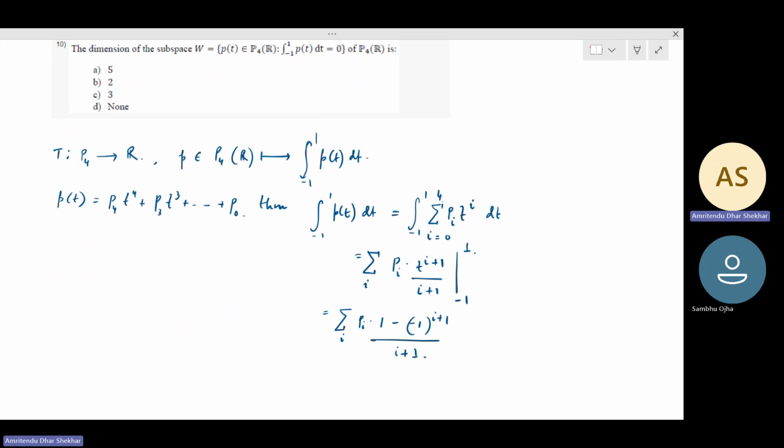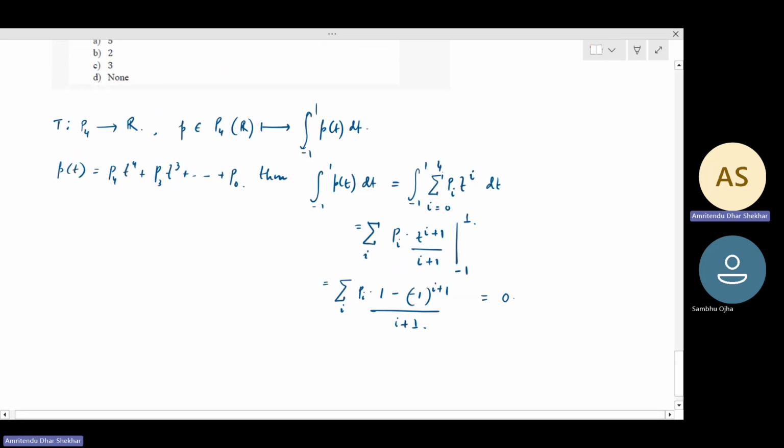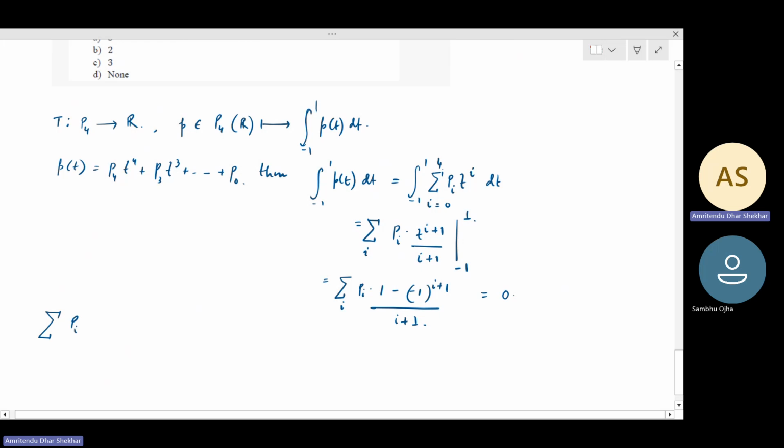We are setting this to be equal to 0. When i is odd, since i+1 is even, that term is already 0. When i is even, what you get is 2/(i+1).